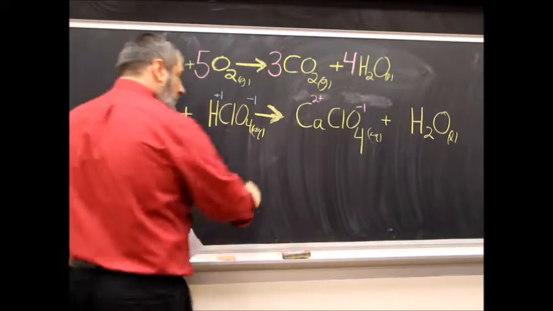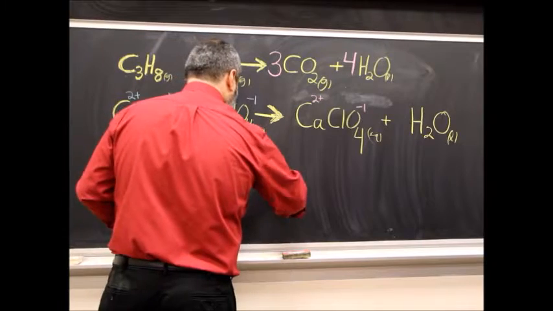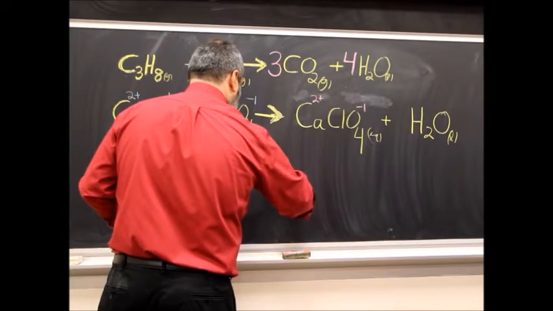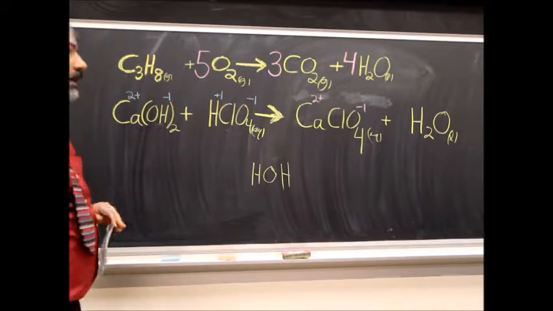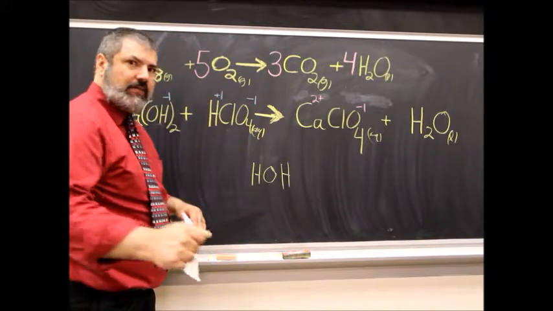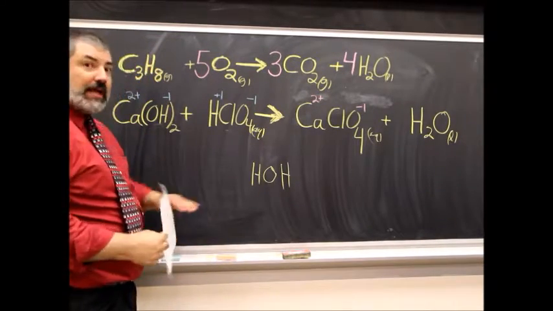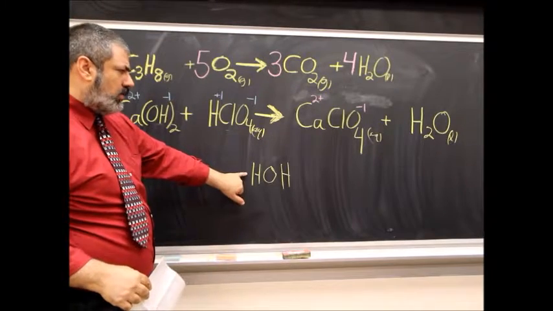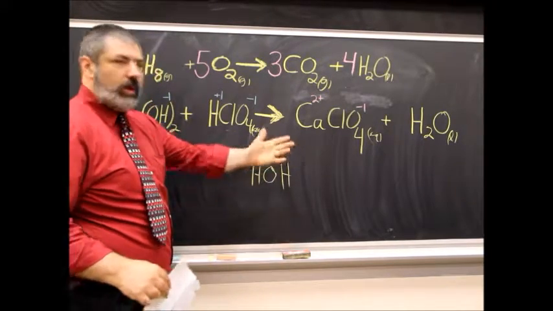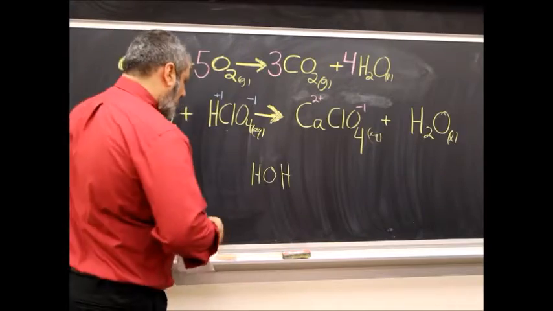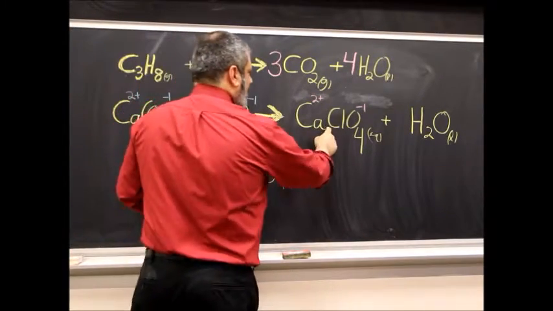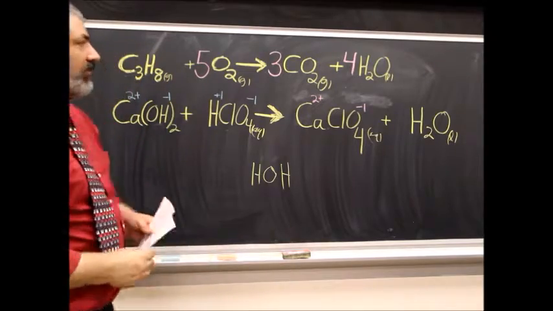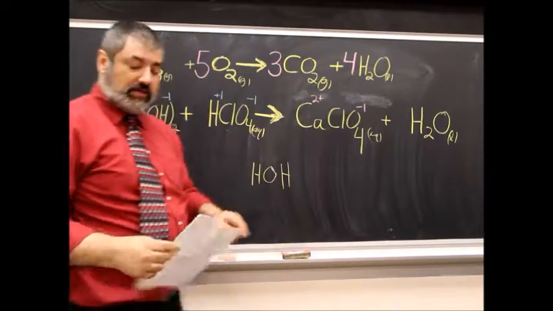I noticed some of you were doing this, which is HOH. Not wrong. But it is important that you start to get a little bit more understanding of, when I look at this formula, HOH, well, you just made water. It's H2O. So we have our products, but something that should stand out right now, calcium is +2, perchlorate is -1.